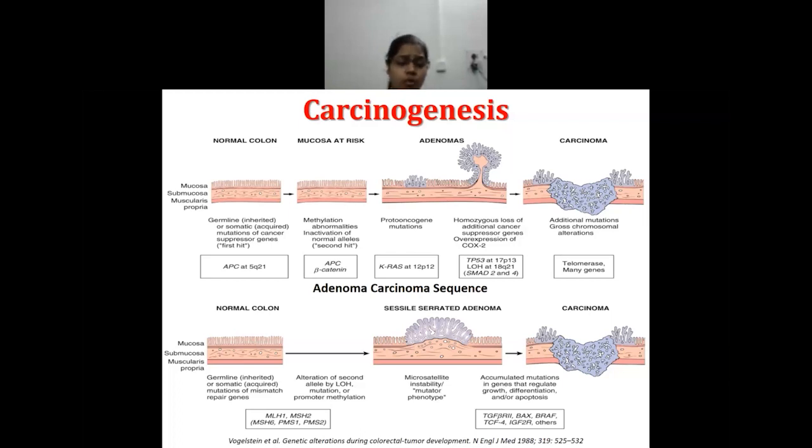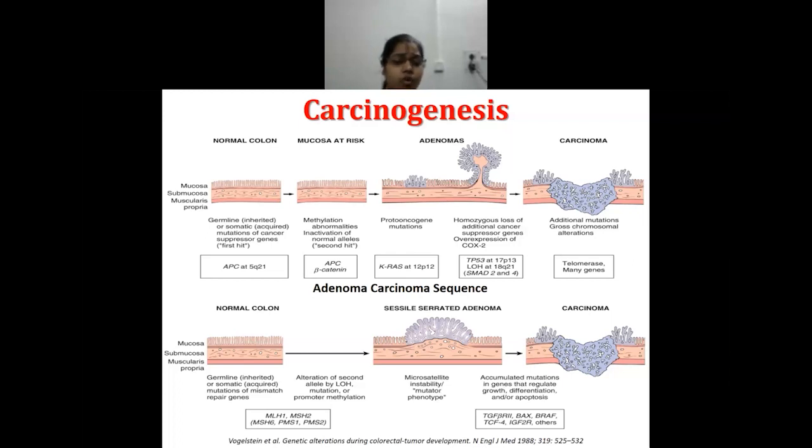Although this is the most common pathway, apart from this, there is a pathway which involves the mismatch repair genes, the predominant genes being MLH1, MSH2, MSH6, PMS2, and PMS1. Now, these mutations may be either germline, as in HNPCC, or somatic. This results in insertion or deletion of multiple repetitive sequences of DNA, and this results in error in replication.